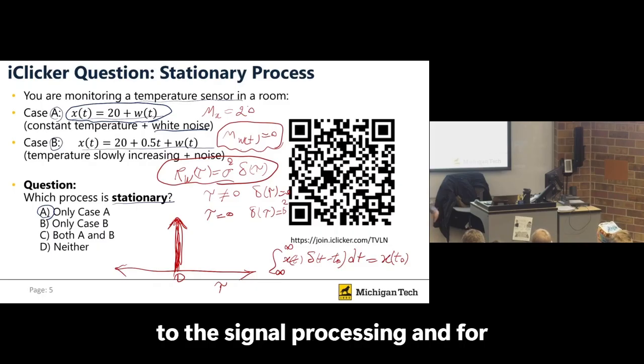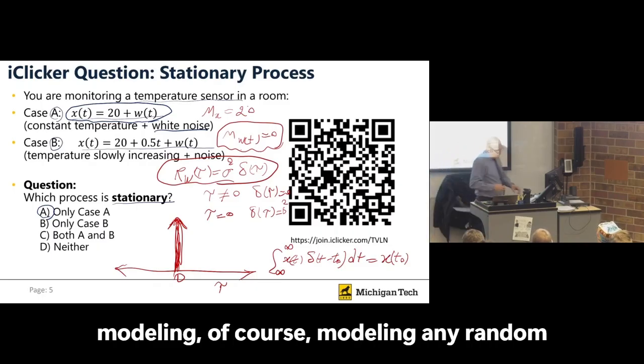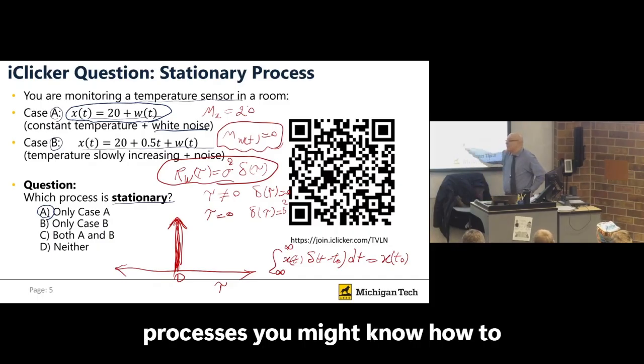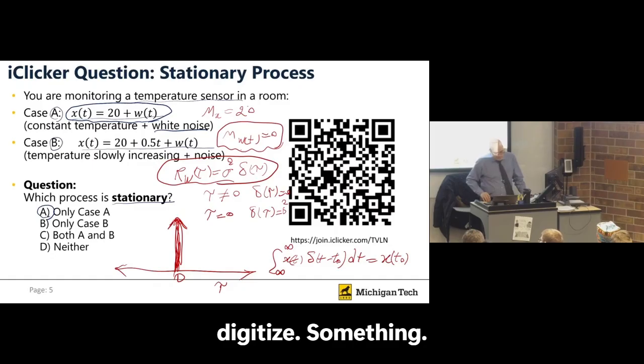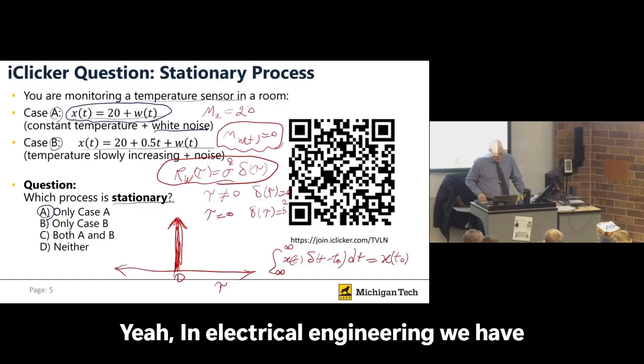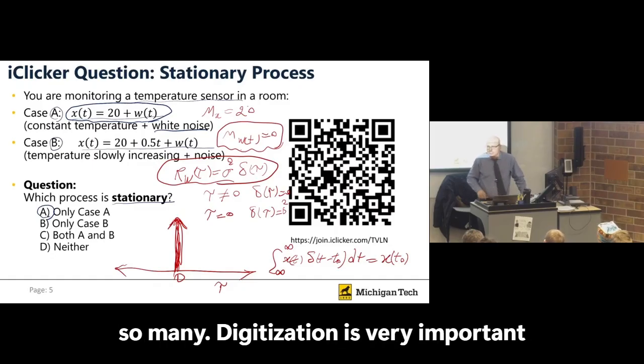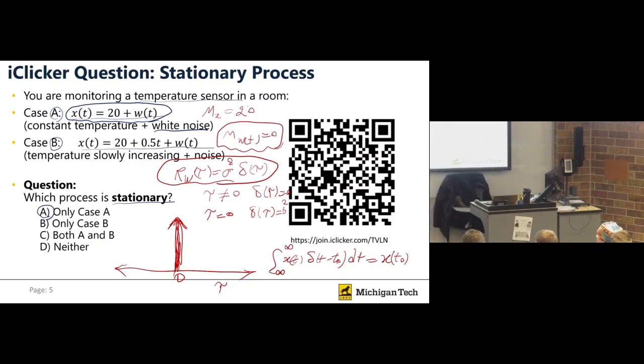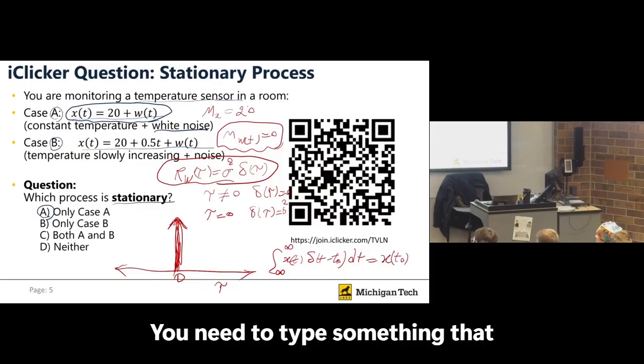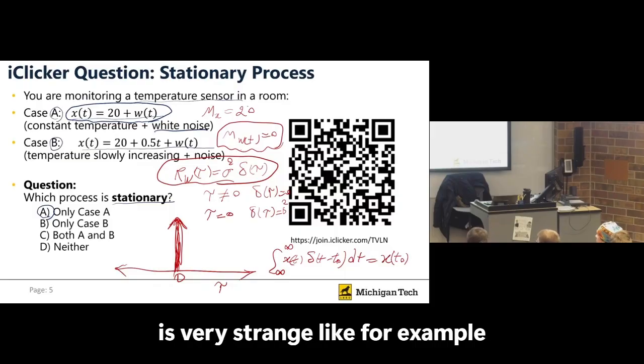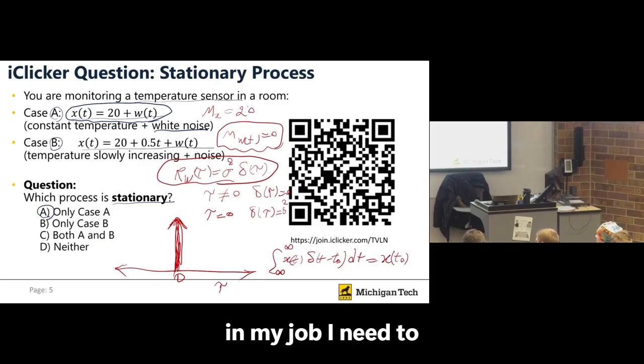And for modeling any random processes, you might need to know how to digitize something. In electrical engineering, digitization is very important. Sometimes you need to digitize something that is very strange. For example, in my job, I need to digitize the level of trust.